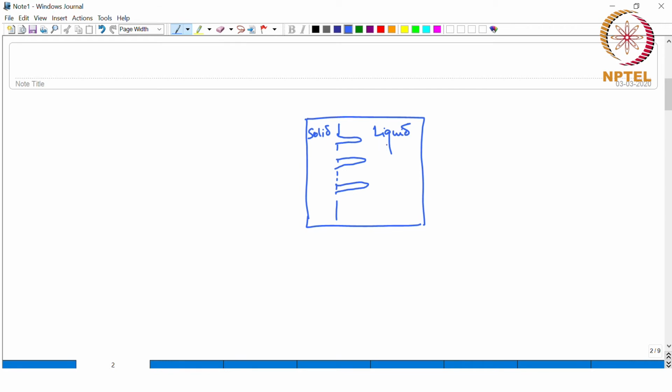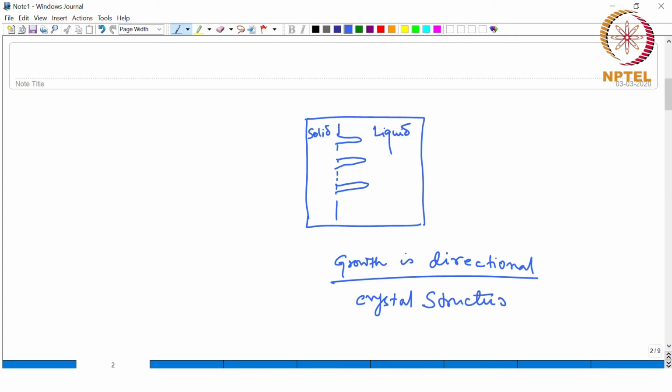So, you can see this growth of these dendrites is in a particular direction, which depends on the crystal structure of the metal being solidified. Okay. So, the crystal structure of the metal would dictate in which direction this grows.